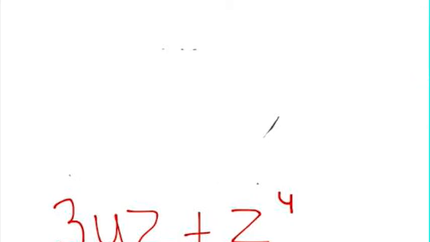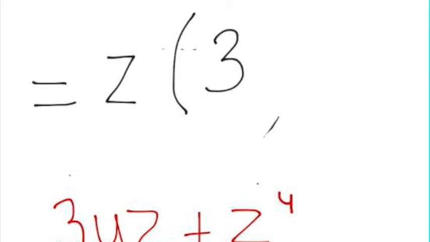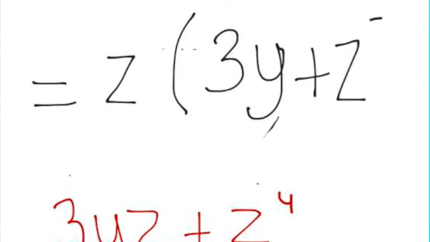Your answer should be z as the greatest common factor, and inside the parentheses, you must have 3y plus z to the third power. If this is what you got, you now understand the process.